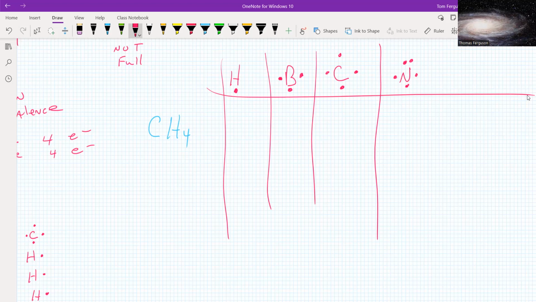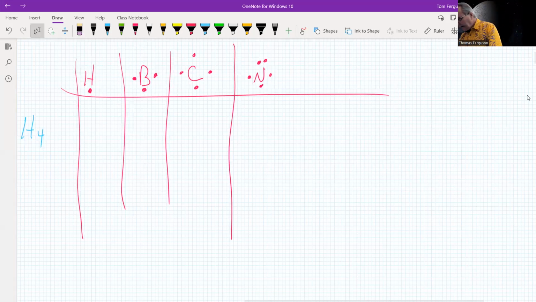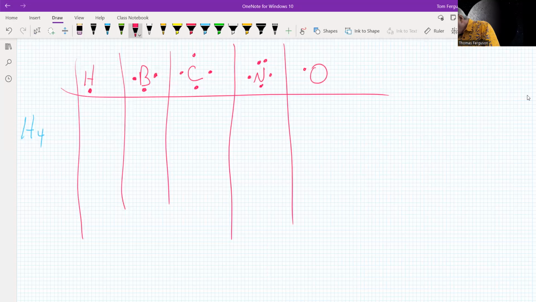But for now, nitrogen's got 1 pair, 3 singletons. Oxygen has 6 valence electrons, 2 pairs, and then 2 singletons.